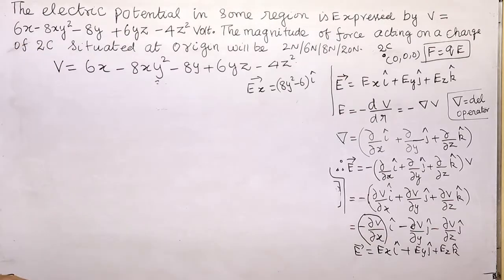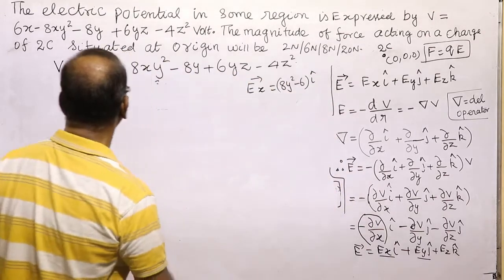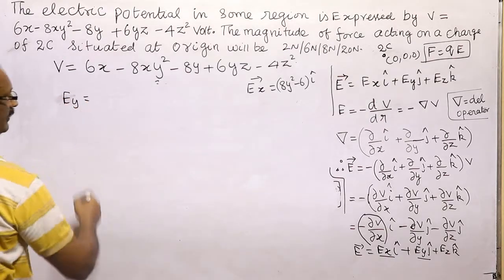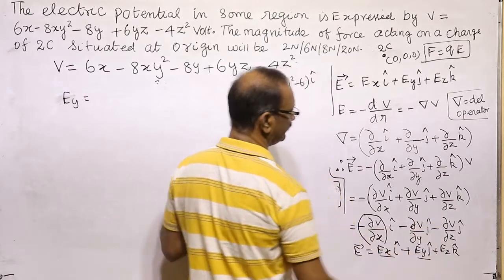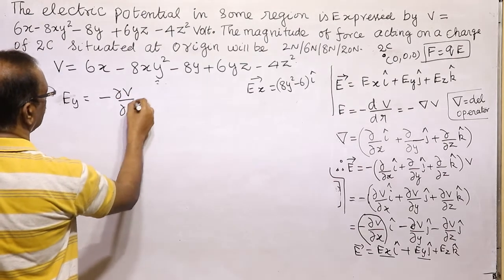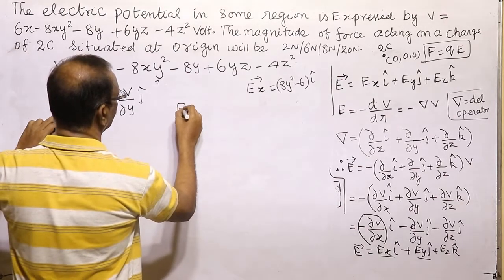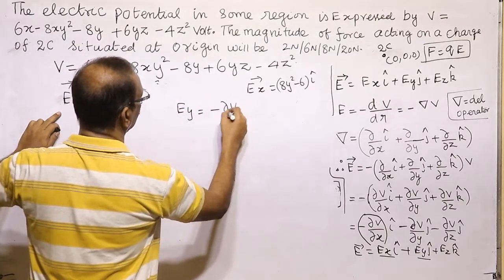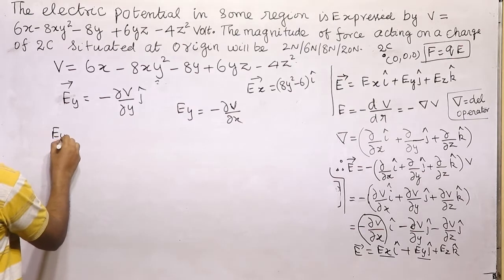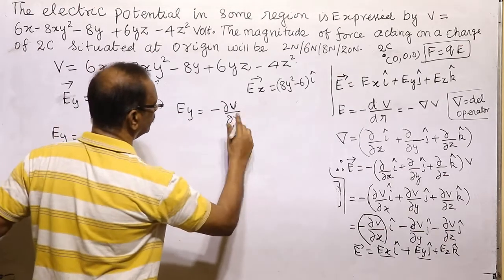Same way, this is the Ex vector, and now we have to find the Ey j vector. So what is Ey? Ey is equal to minus the partial derivative of potential with respect to y into j cap. First we will find the magnitude. So Ey is equal to minus the differentiation of V with respect to y.